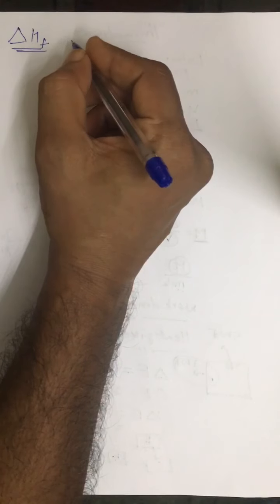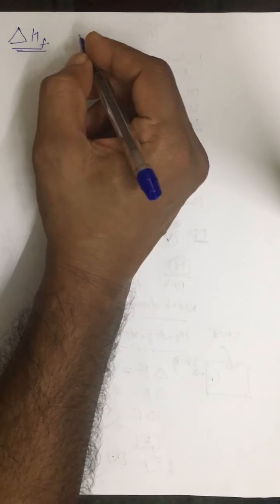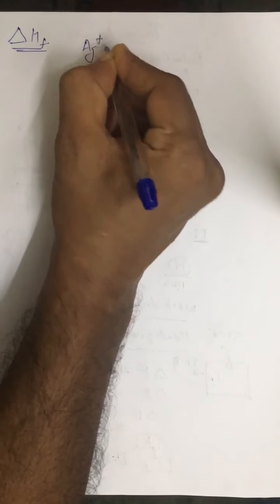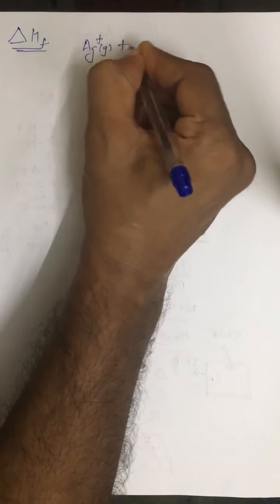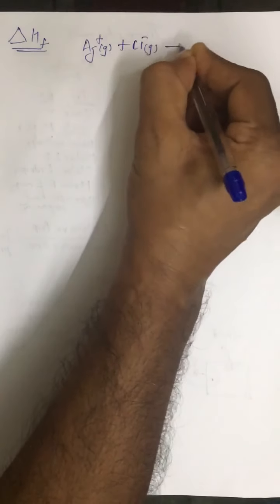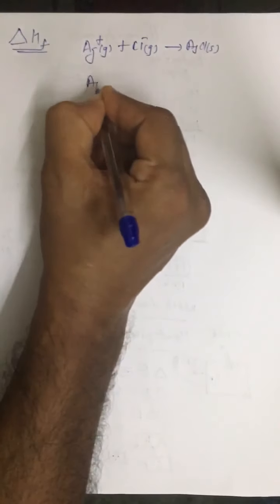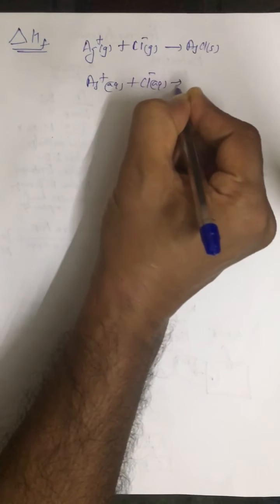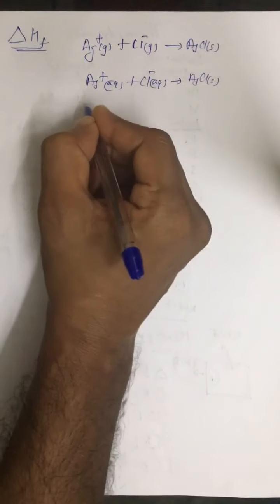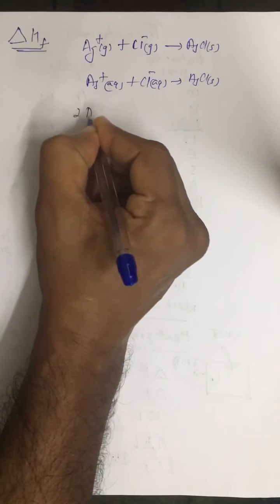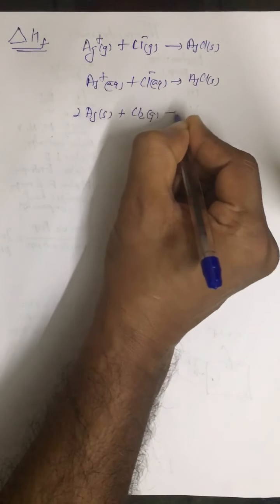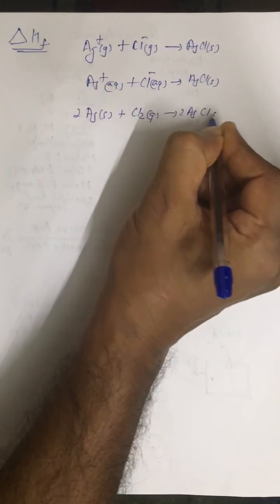On the basis of this definition, questions are asked. We have certain reactions: Ag+ gas plus Cl- gas equal to AgCl solid, or Ag+ aqueous plus Cl- aqueous equal to AgCl solid, or twice Ag solid plus Cl2 gas equal to twice AgCl solid.